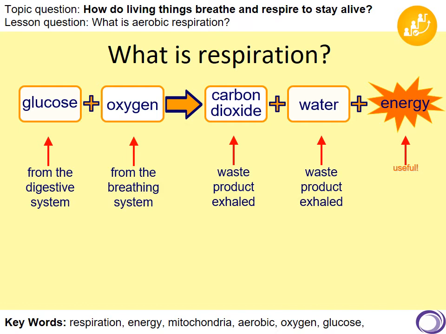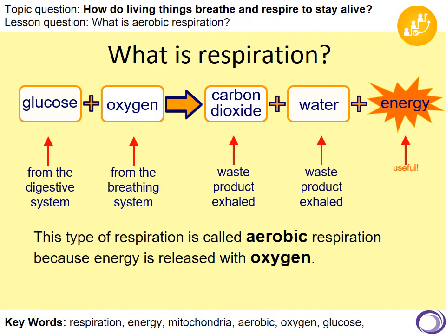That's the process of breathing out. And the equation itself produces this really useful energy. Now, this type of respiration is called aerobic respiration because it uses air. And in this type of aerobic respiration, energy is released when we react glucose with oxygen.